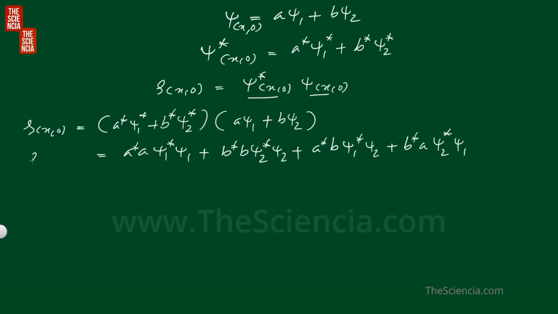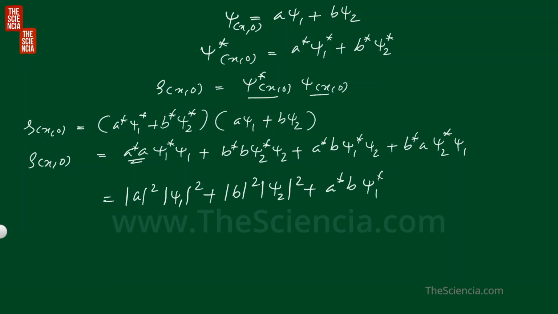So this is our rho of x0. Here, what is this A star A? That is nothing but modulus square of A into modulus square of psi 1 plus B star B is modulus square of B into modulus square of psi 2 plus A star B psi 1 star psi 2 plus B star A psi 2 star psi 1.